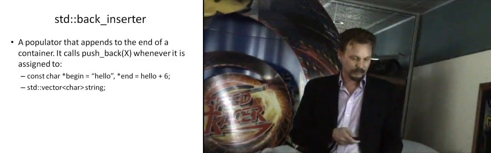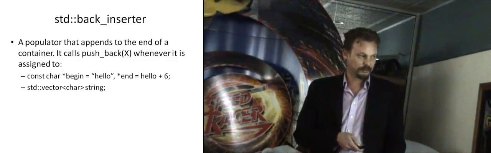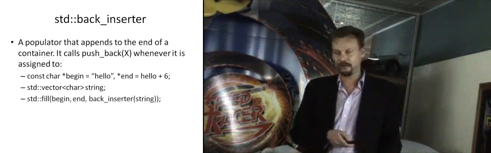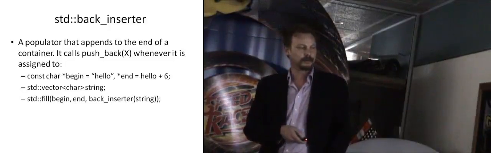We've got an array of chars, which we're going to call our string. This is a very convoluted way of creating a string, but we can copy, not fill, my apologies. Standard copy from the beginning of that string to the end of that string into a back inserter into this string.